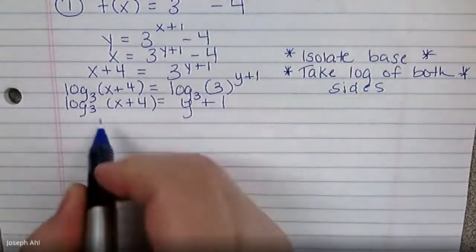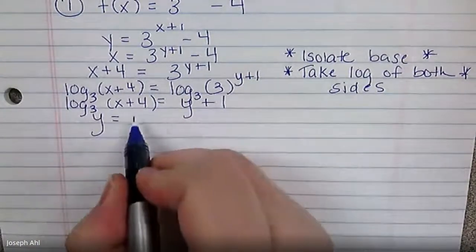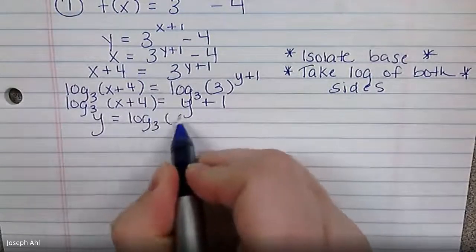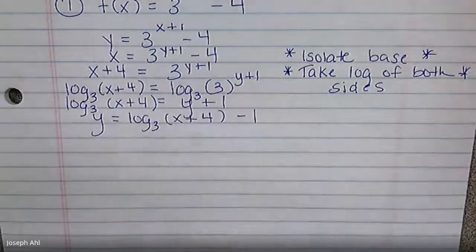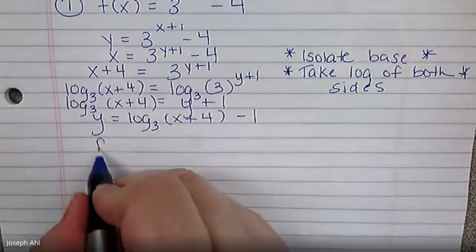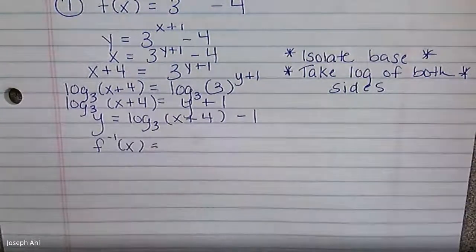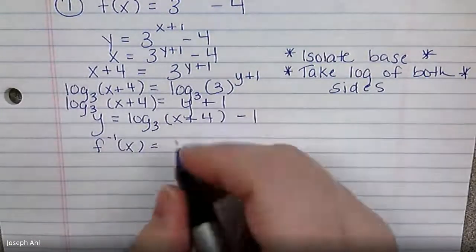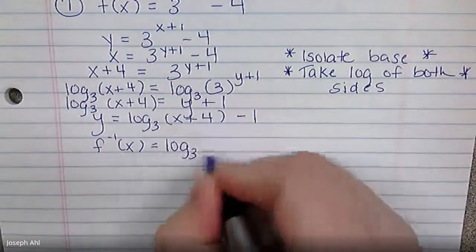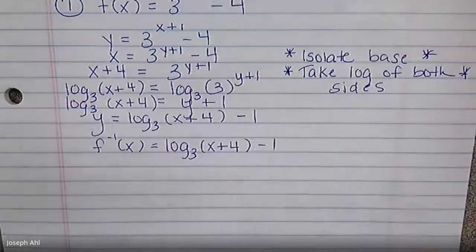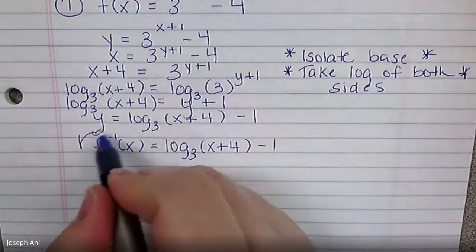So in the final step, if I subtract that 1 to the other side, y would equal log base 3 of x plus 4, minus 1. And the last thing you can do if you want to be fancy is write it in inverse notation. f to the negative 1 of x would equal log base 3 of x plus 4, minus 1.